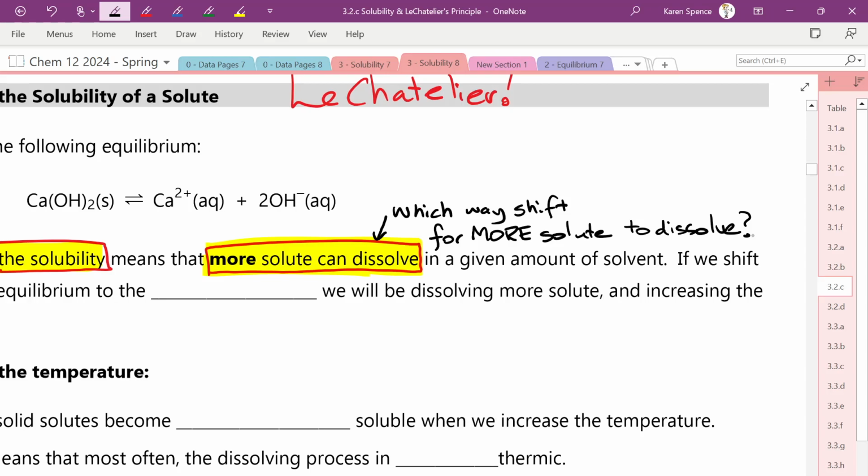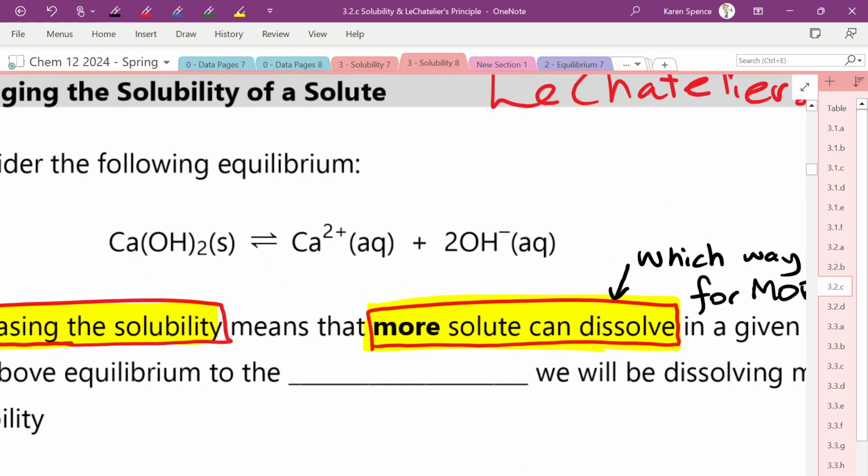Which way is dissolving, right or left? Right. Right is dissolving. Yes, we're going from solid to aqueous as we go from left to right.